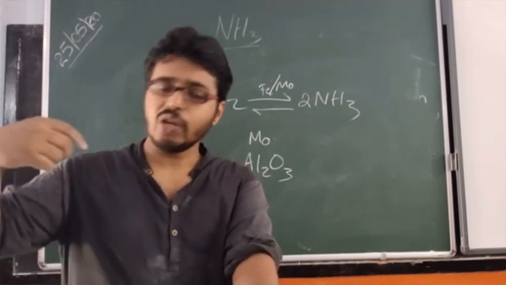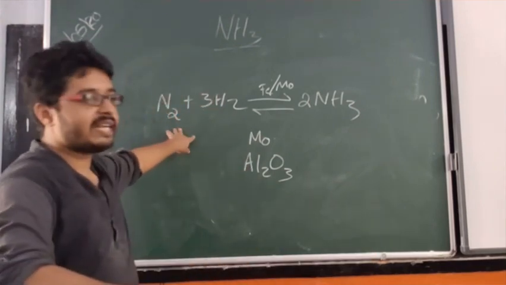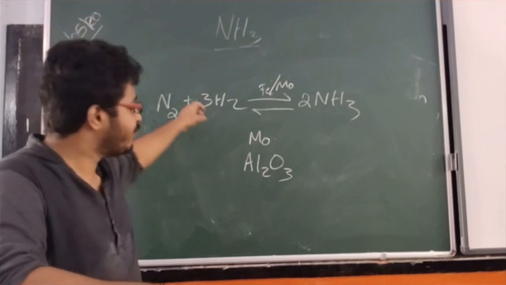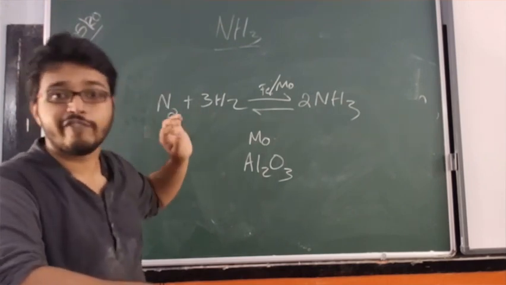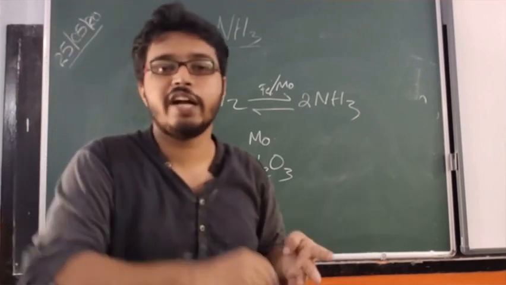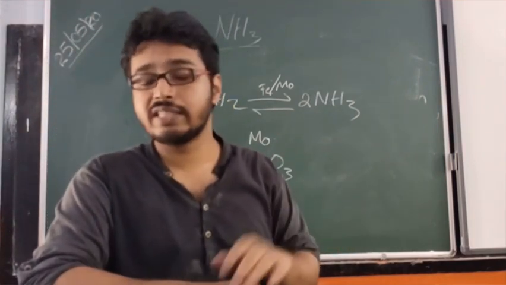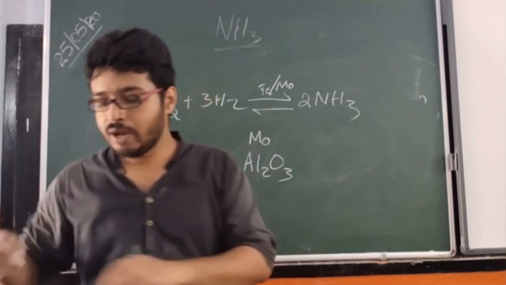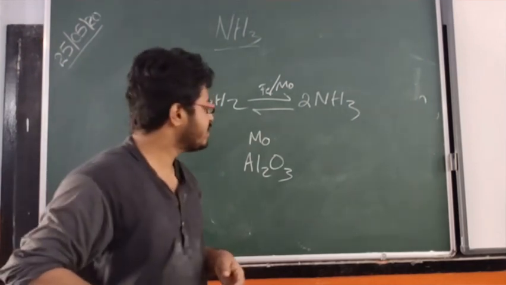So when you are doing the Haber process and taking the reactants, you must make sure that they are free of the four gases: carbon dioxide, carbon monoxide, H2S, as well as oxides of sulfur. Now that's all about the Haber process.